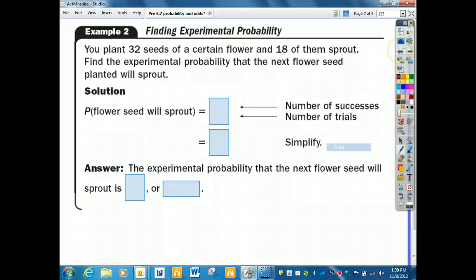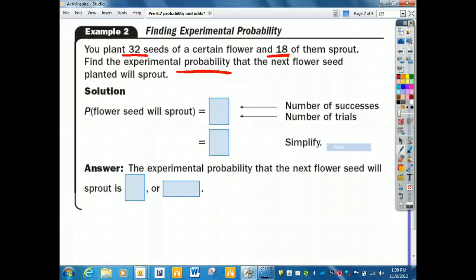Now we go to example 2 when we were talking about experimental probability. What experiment are they running here? Planting of seeds. This person planted how many seeds? 32 of a certain flower. How many sprouted? 18. Find the experimental probability that the next flower seed planted will sprout.